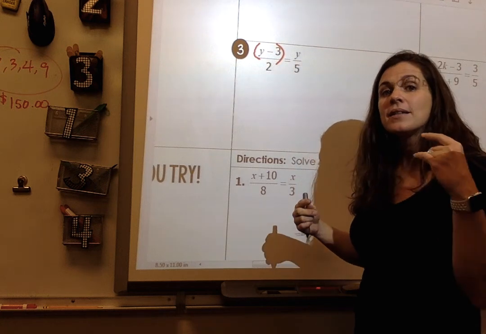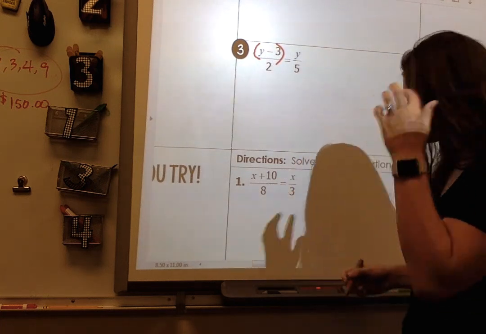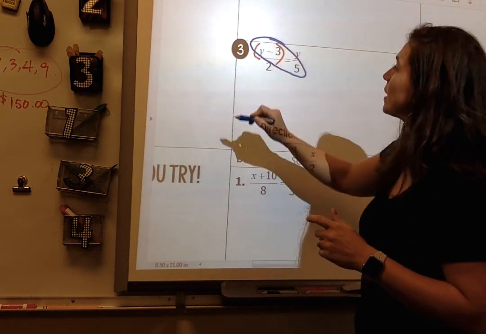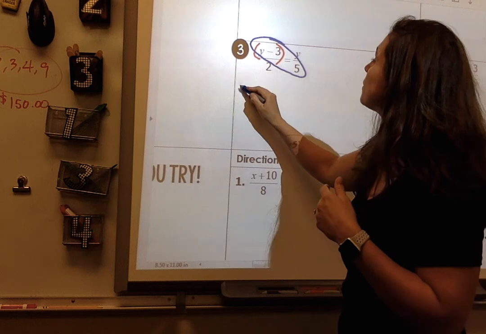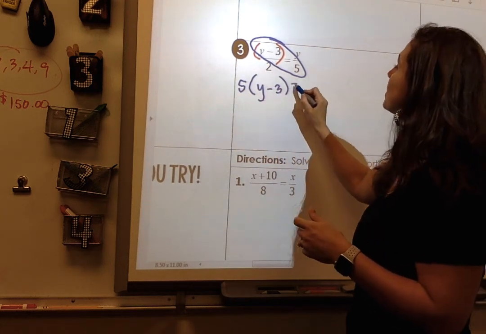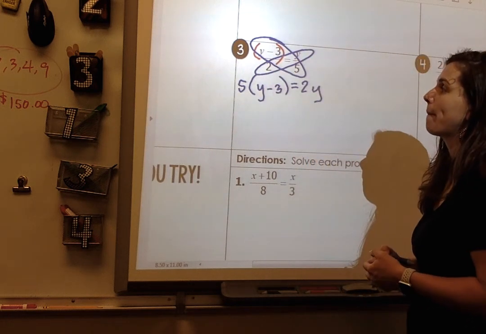Why? Because that tells the reader you've got to be doing the distributive property. When I multiply my extremes together, I am multiplying 5 times y minus 3, and I'm setting that equal to the means, which is 2 times y, which is 2y.